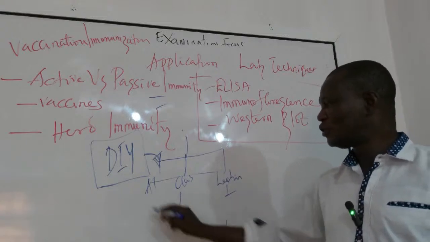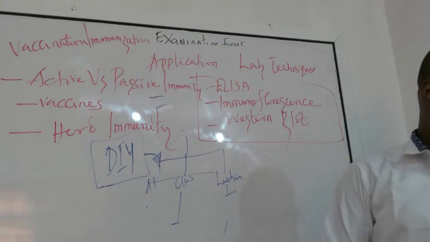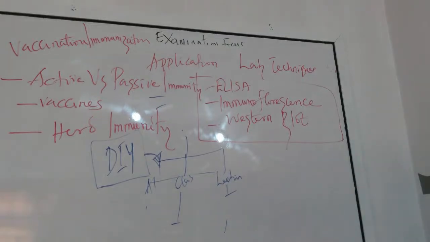So this is going to be a kind of scheme. I want you not to forget that I said the first point of call should be the components and mechanism of the complement system.